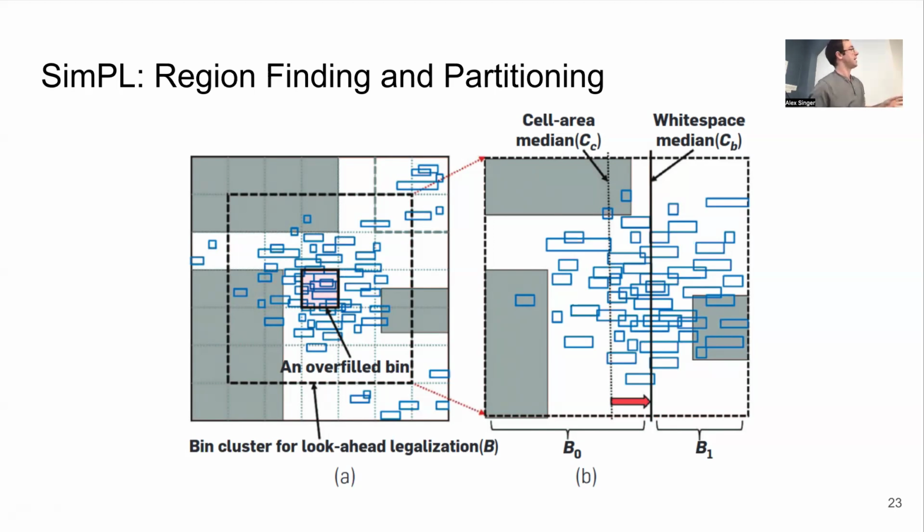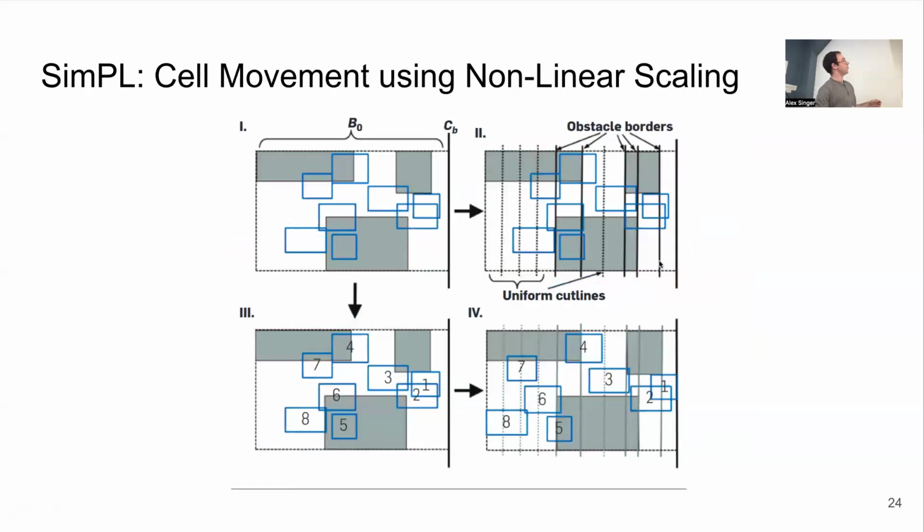How we can fix that is, what we really want is for the density to stay somewhat uniform across this window or across this region. Now, of course, I don't know why they don't just do linear interpolation. I don't actually know why. They chose to do what they call nonlinear scaling, where they create these 10 buckets. Each of these is 1/10 of the white space available.